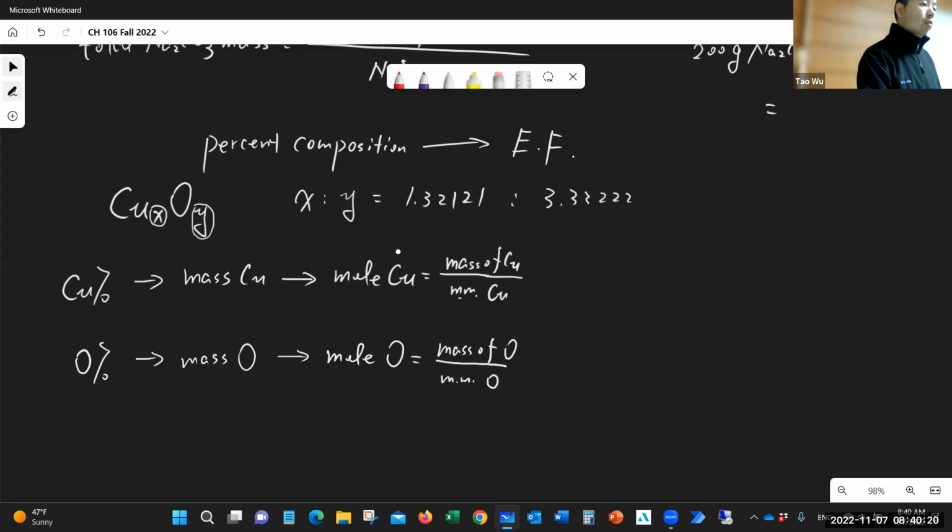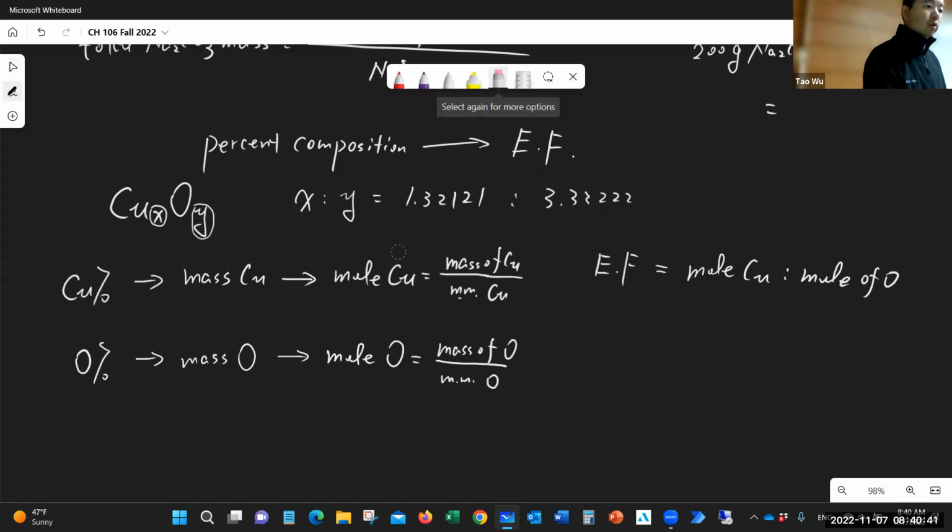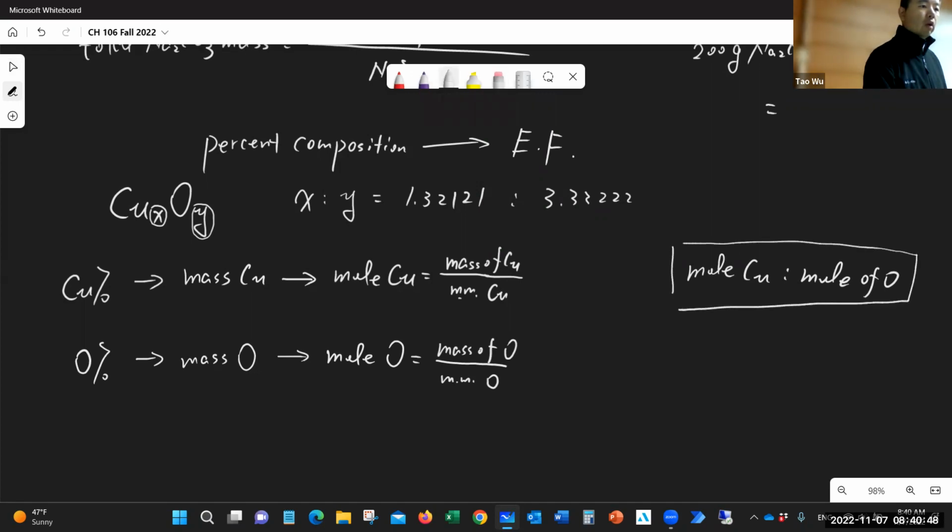So in general, the ratio of the empirical formula is actually just the mole ratio between copper and oxygen. So it's just the mole ratio of copper versus the mole ratio of oxygen. If you get the mole ratio of copper and the mole ratio of oxygen, generally you have the first step.